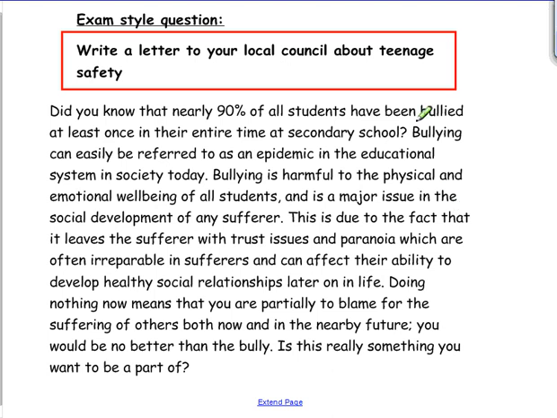For my burger meat, I have chosen to talk about bullying and how it can be referred to as an epidemic. For this, I'm not just focusing on bullying and the effect that it has, but also that it is something that's very much widespread. The vocabulary using the term epidemic means that I can show off the skills that I know, and it helps me with the supporting details.